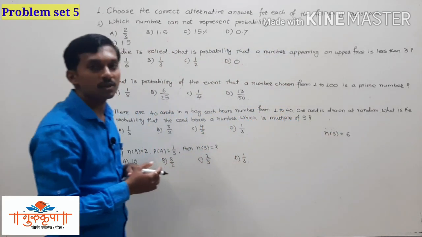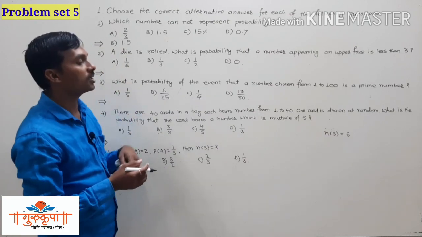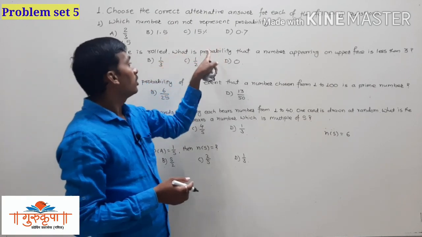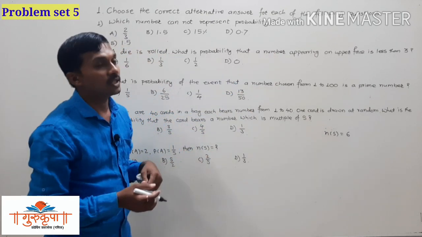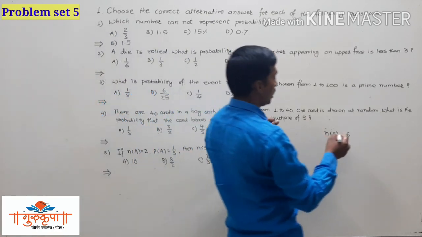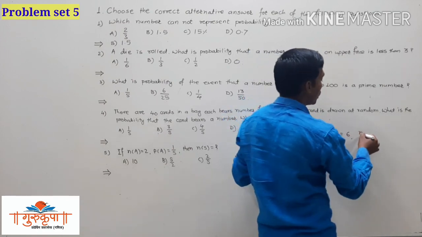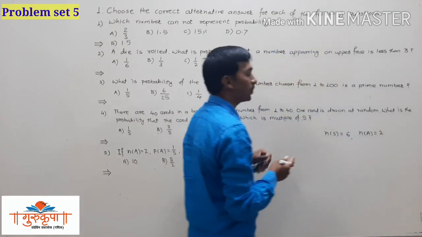Here the event is that the number appearing on the upper face is less than 3. How many numbers are there less than 3 in the sample space? Only 2 numbers. So we can take number of A is equal to 2.